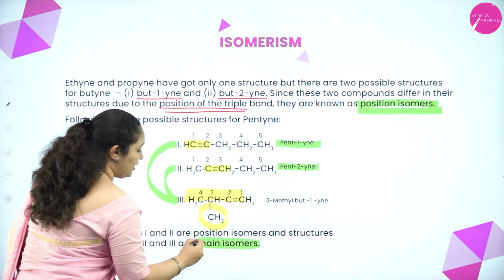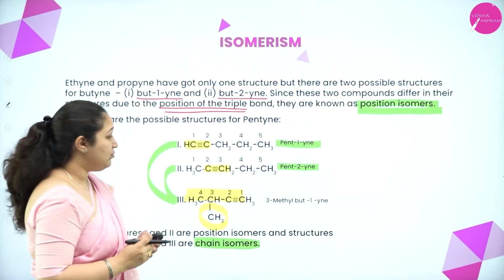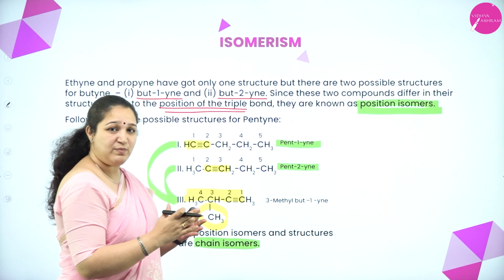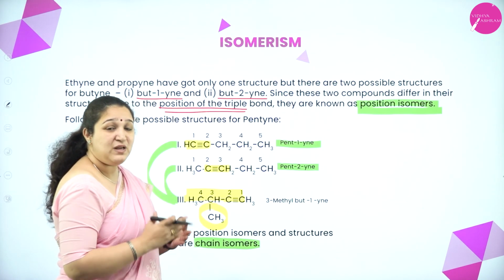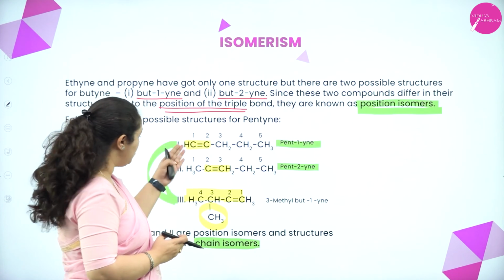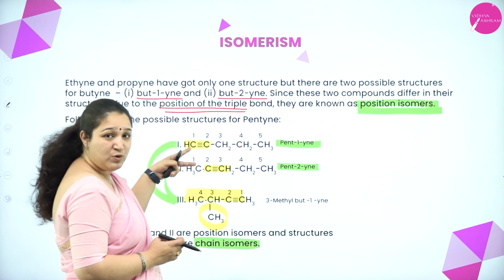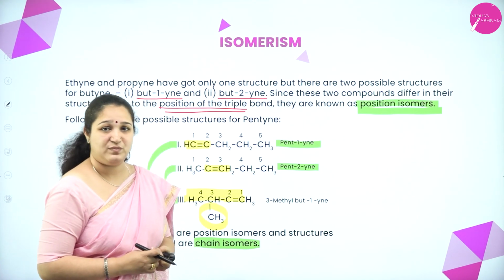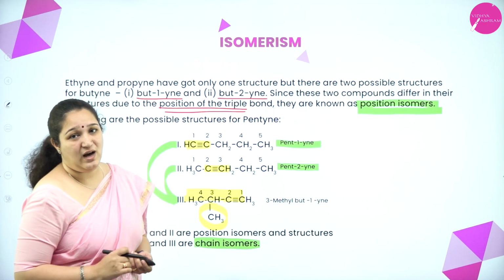They are chain isomers. Chain isomer means there is a difference in chain length. The total number of carbon atoms is the same, hydrogen atoms are the same, the molecular formula is the same, but the chain length is differing. So, they are chain isomers. The first and second, they are position isomers because the position of the triple bond is varying. Okay. So, that's about the isomerism in alkynes.